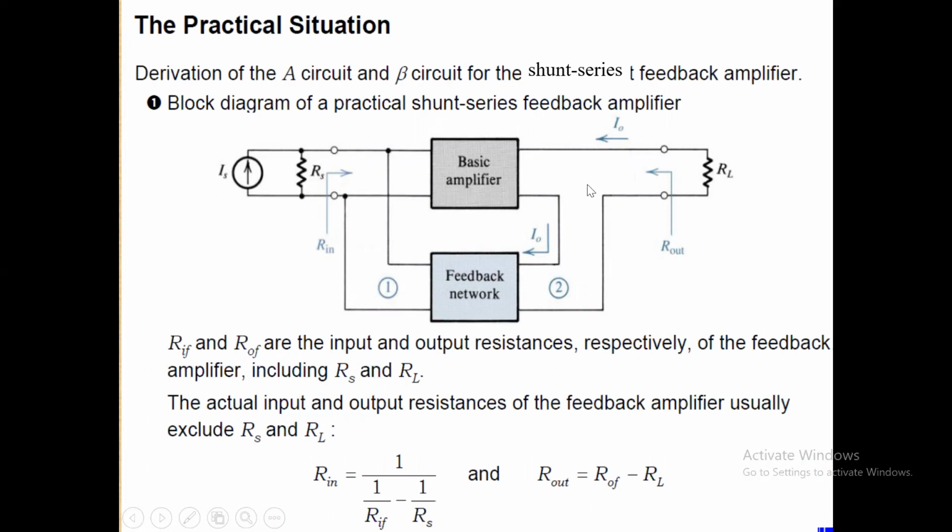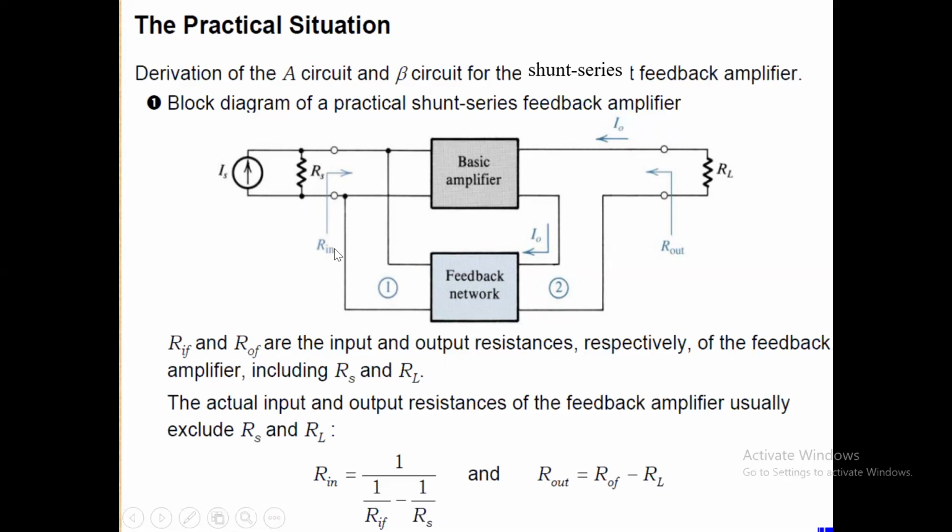Now we are considering RS, RL, and also we are replacing the feedback network with a more accurate model. So we are just trying to write a practical case over here for the shunt series feedback amplifier, and you can see that the RIF is this one, which is RS in parallel with RIN, and that is 1 by RIF is equal to 1 by RS plus 1 by RIN.